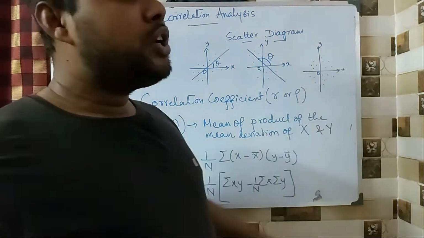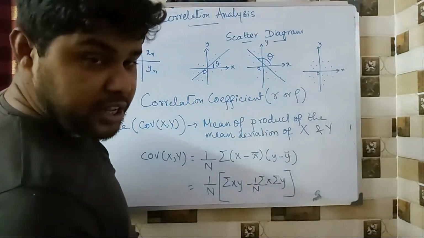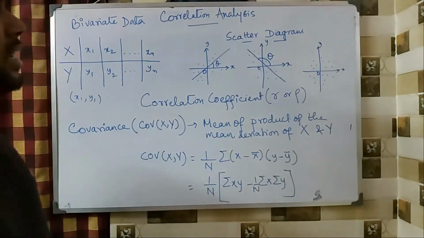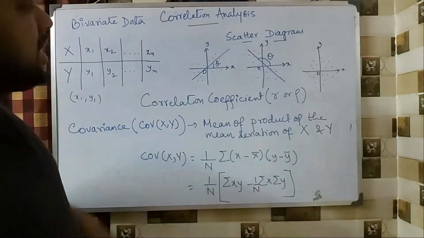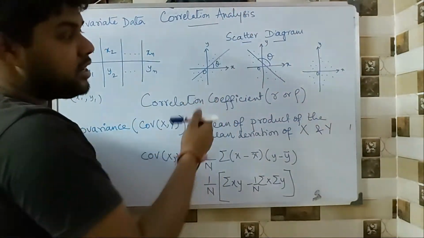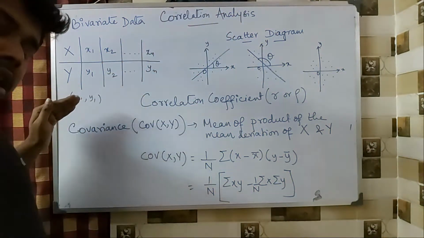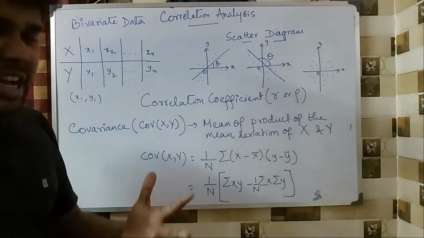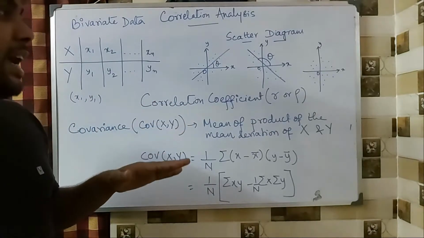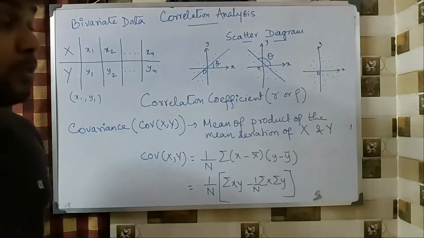Then there can be a third case. Here, the data values, once plotted, are so scattered that we actually cannot find a particular trend. We understand the trend by drawing a straight line following the trend of the points plotted.